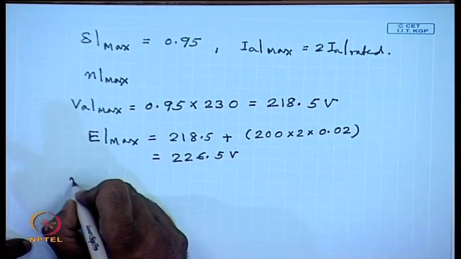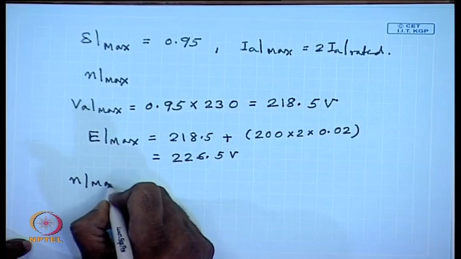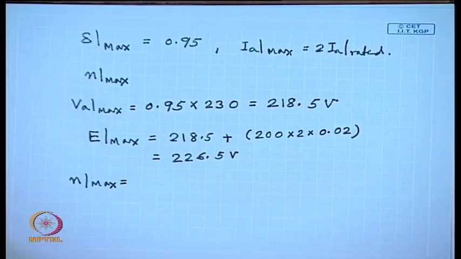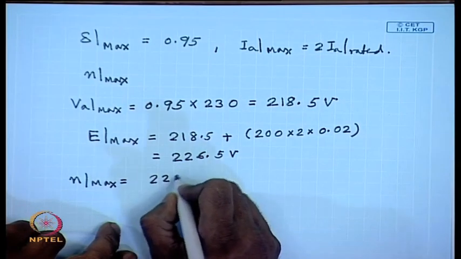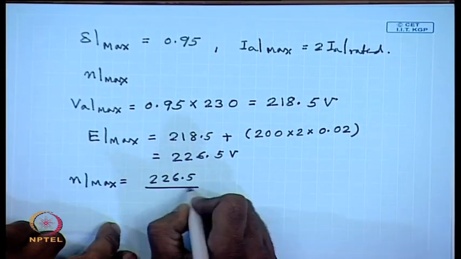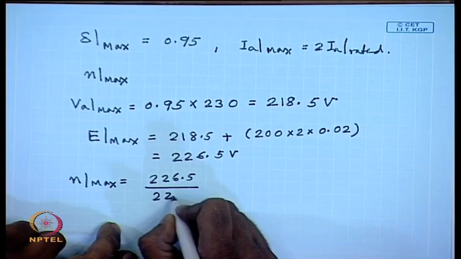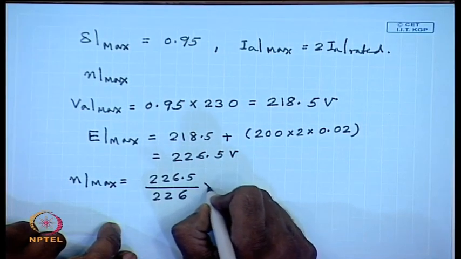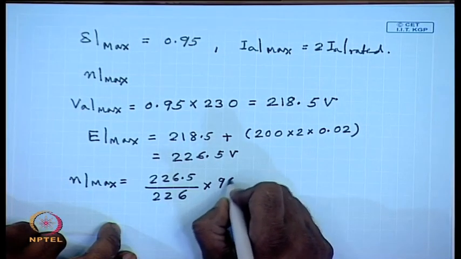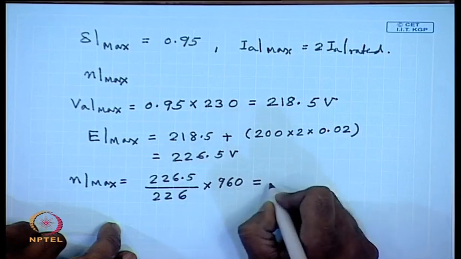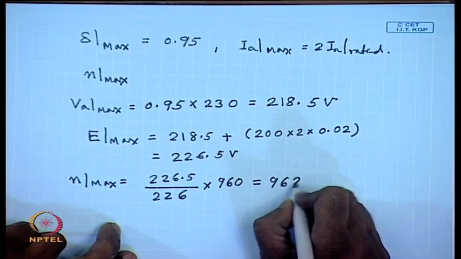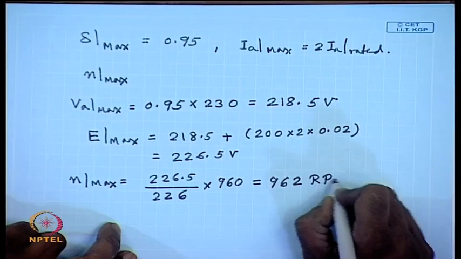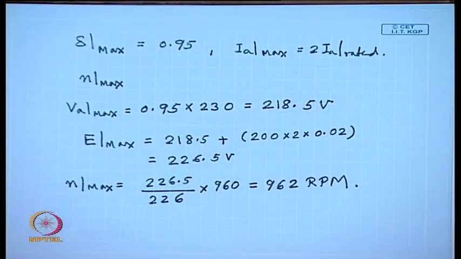So, N max is E max, that is 226.5 by E rated into rated speed. So, this is 962 RPM. Thank you.